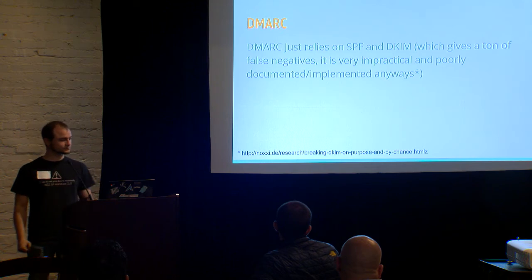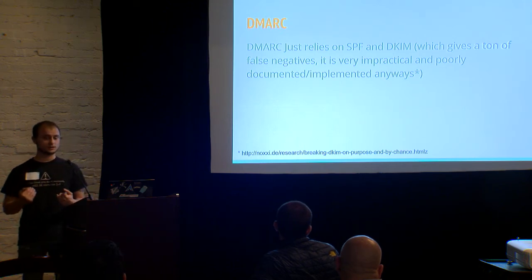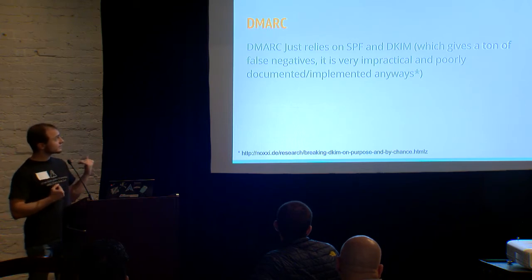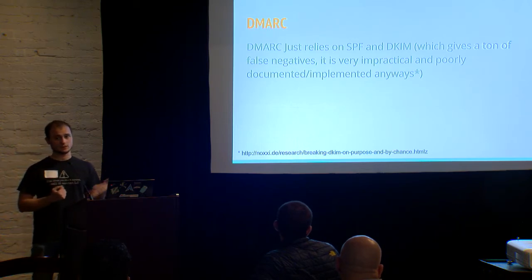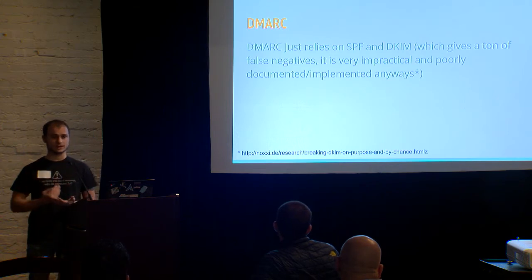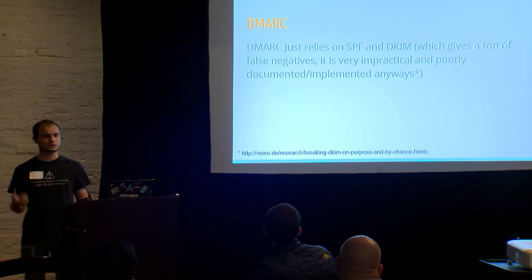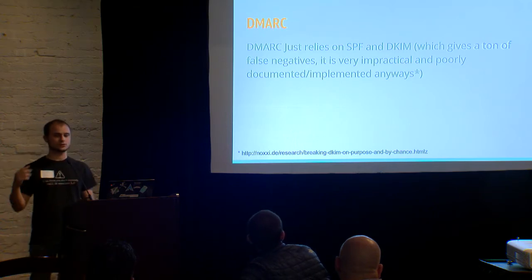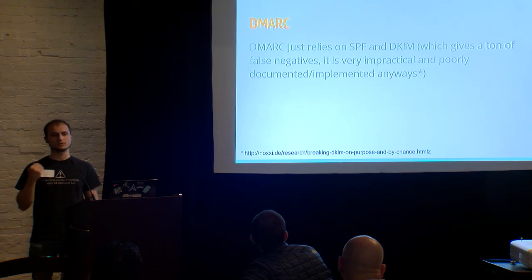There are other ways to check if an email is authentic. The only one is DKIM, which is almost never used and gives a lot of false negatives. There was a talk in late October last year that proved that many implementations of that protocol are broken, so you cannot really trust it.